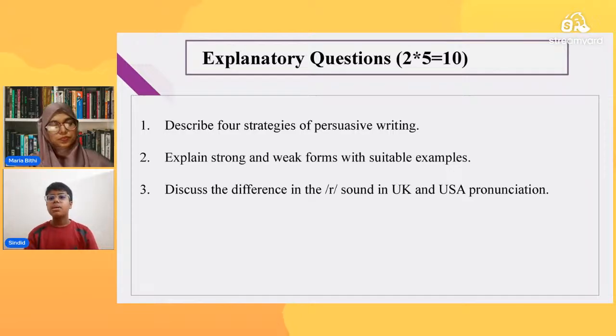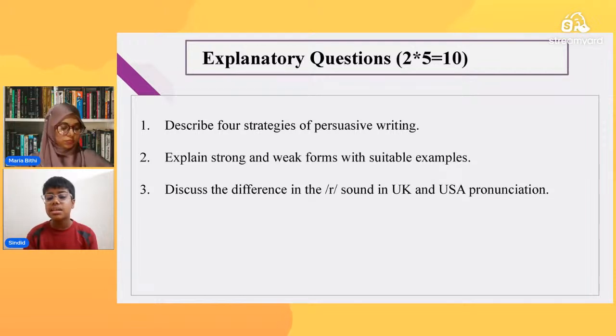Sure. So, strong and weak forms. Sometimes we see native speakers speaking a sentence and they focus on some words, giving them pressure, and some words they don't pronounce that well. The ones they put pressure on are strong forms because they contain more information, and the weak form does not contain that much information. A strong form is like a noun, adjective, or verb which contains more information, such as he is very fast in playing football.